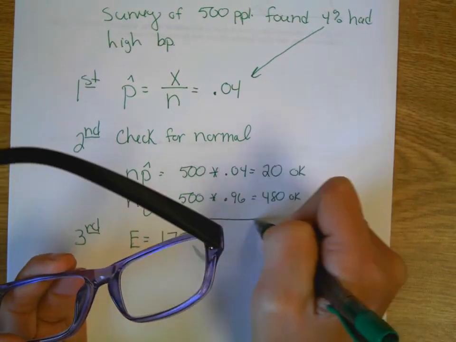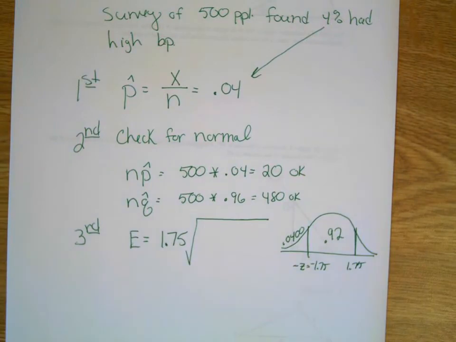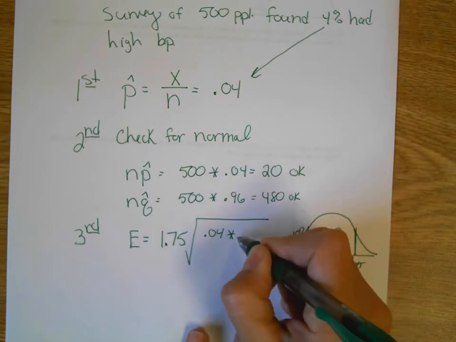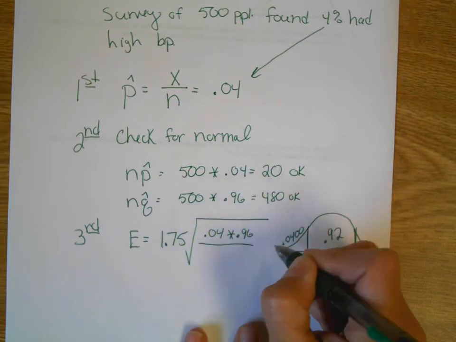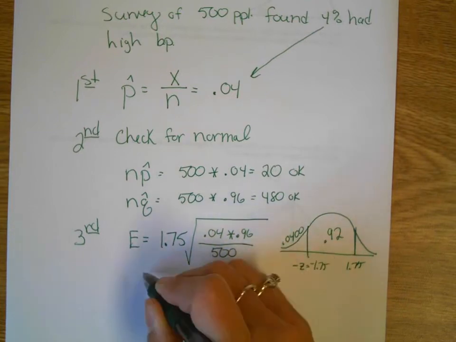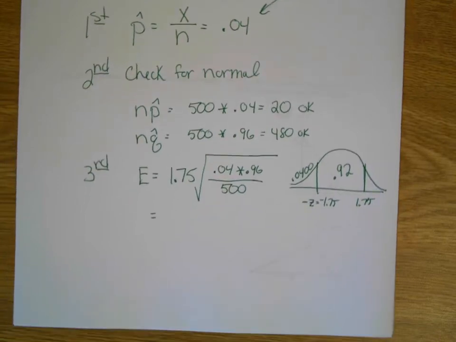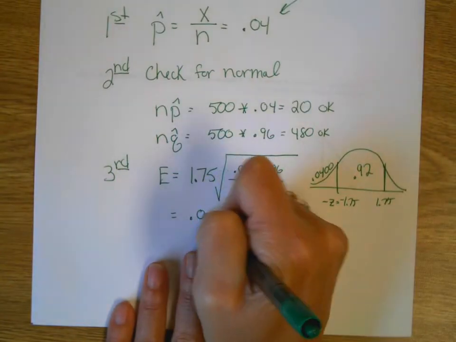And then times our square root. This time we've got the decimals for p hat and q hat: .04, .96, and then 500. You let me know what you get, because I did change from my notes. 0.015?